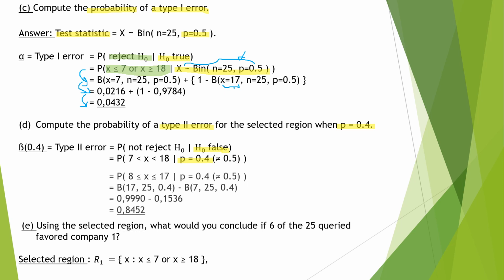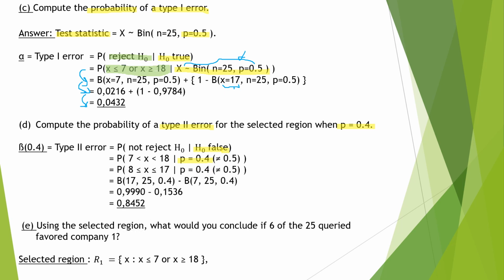But that's the same as saying X is greater than or equal to 8 and less than or equal to 17. Because it's discrete, the moment you get an equal sign here, you have to change your 7 to 8 and 18 to 17. Then I just use the probability rules to go from here to here, then Excel or your tables, and this is your final answer.